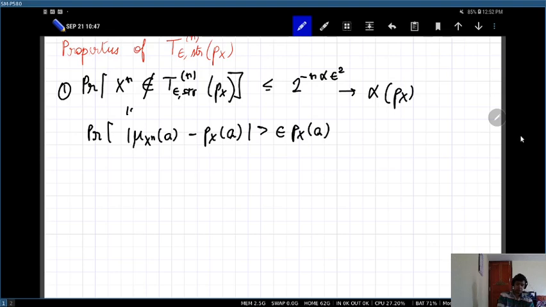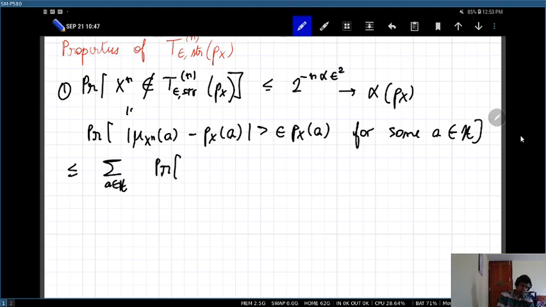The difference between the type and px is greater than epsilon px of a for some a in x, and using the union bound, this is less than or equal to sum over all a in x of the probability that mu xn of a minus px of a is greater than epsilon px of a.